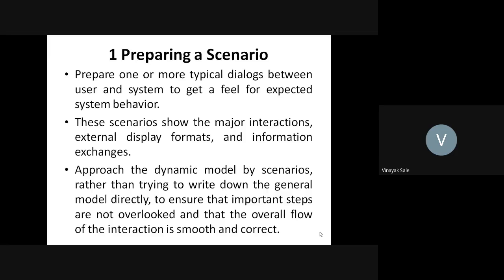Approach the dynamic model by scenarios rather than trying to write down the general model directly, to ensure that the important steps are not overlooked and that the overall flow of the interaction is smooth and correct.